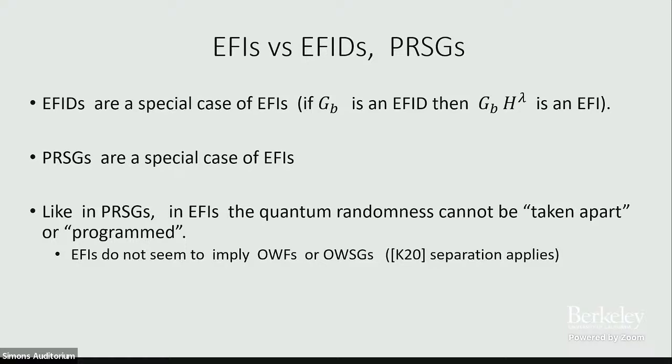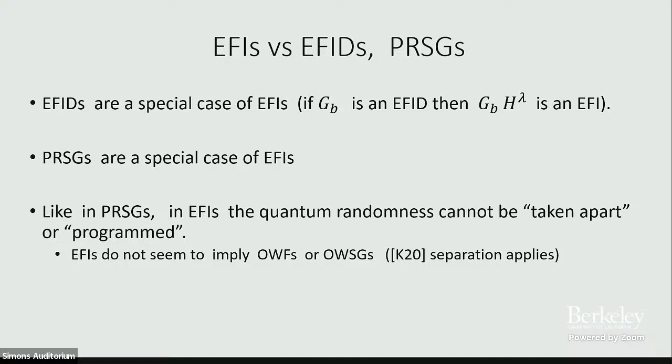Okay, and the important part is, like in PRSGs, in EFIs the quantum randomness cannot be taken apart from the circuit. It also cannot be programmed. They're kind of all inside the ice cubes, right? When you do the computation from the outside, you don't see it.